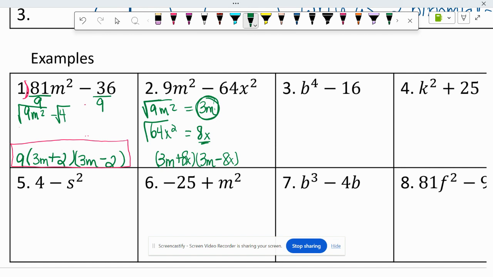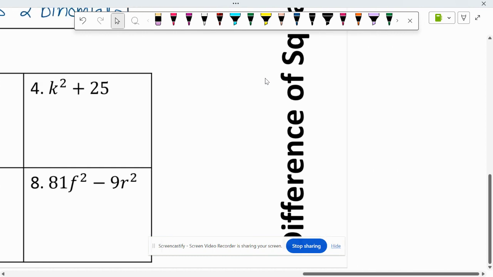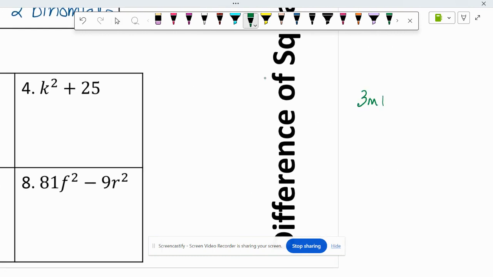Do you guys remember why this works? Why does 3m plus 8x and 3m minus 8x only give me two terms when I FOIL that out? What happens when I FOIL this out? What is 3m times 3m, Aiden? Perfect, 9m squared, right?